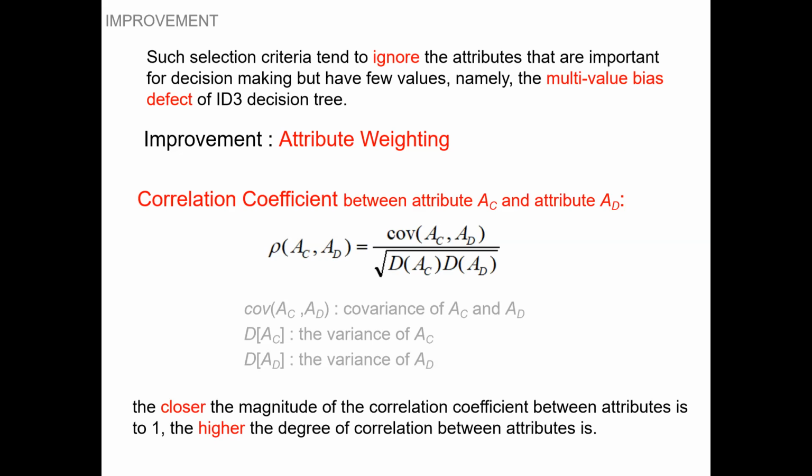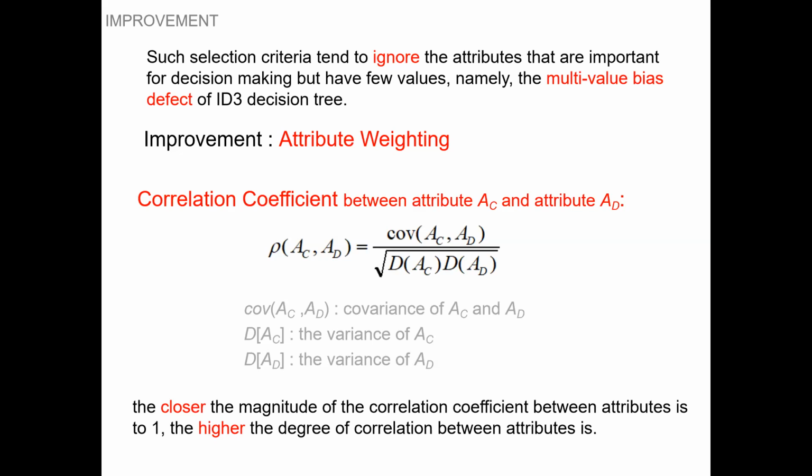In order to ensure the rationality of the obtained weight coefficient, the correlation coefficient is used as the attribute weight coefficient. The correlation coefficient reflects the closeness of the relationship between random variables, and its value is between -1 and 1.